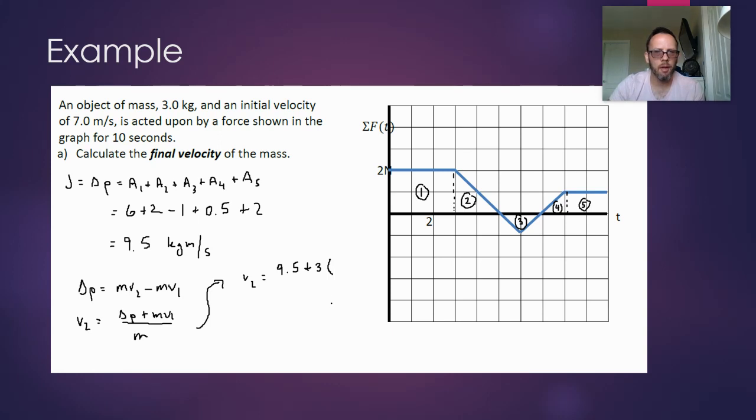The initial velocity, 7 meters per second, divided by the mass, 3. So 9.5 plus 21 divided by 3. So about 10.2 meters per second.